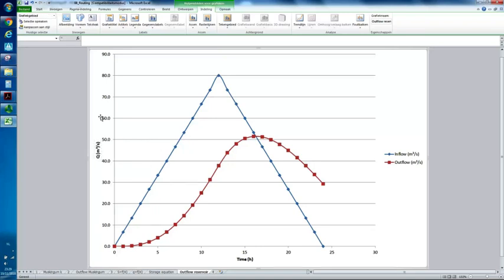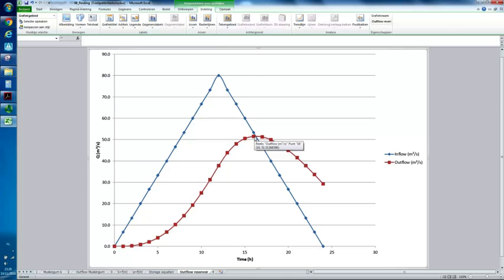And the nice thing about this graph is actually that we can see, of course, the attenuation. The maximum value of our Q inflow is much higher than the maximum outflow value.